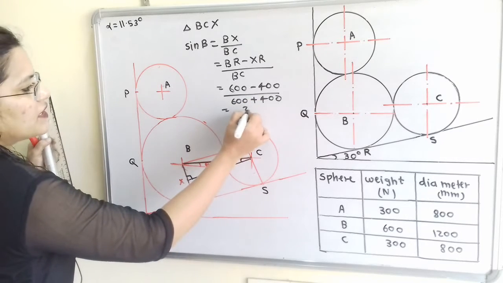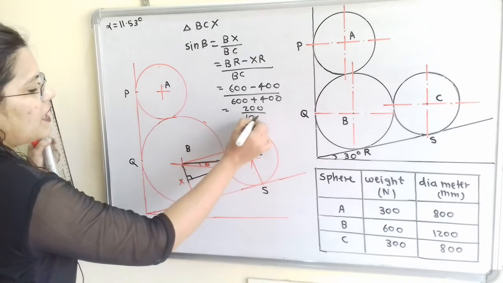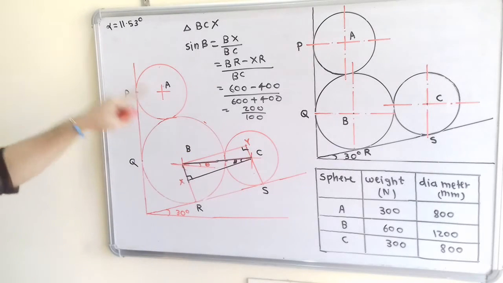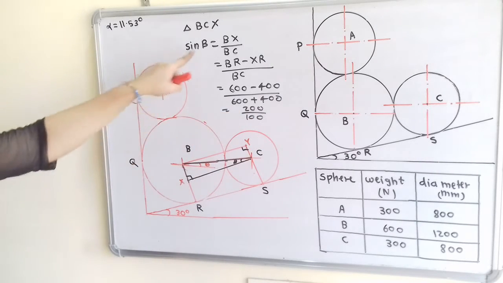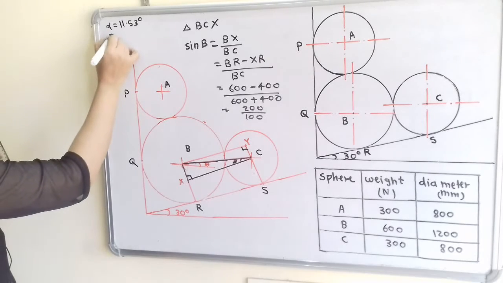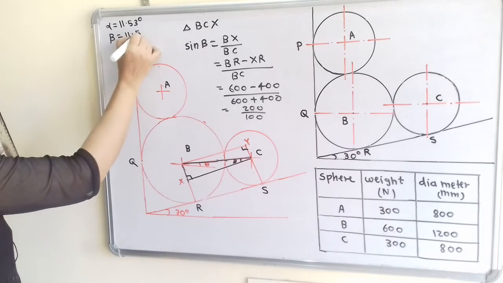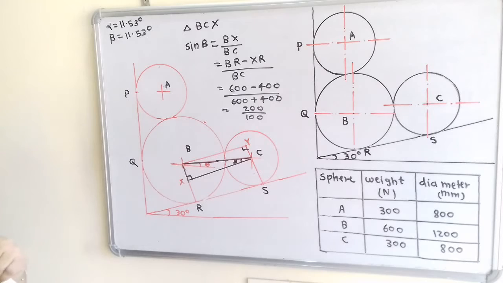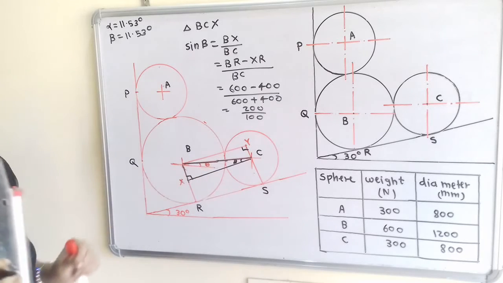Now if we observe, here is 200 divided by 1000. So as earlier, because there was the ratio 1 by 5, and therefore beta is equal to the same angle, 11.53 degree. So this beta is 11.53.